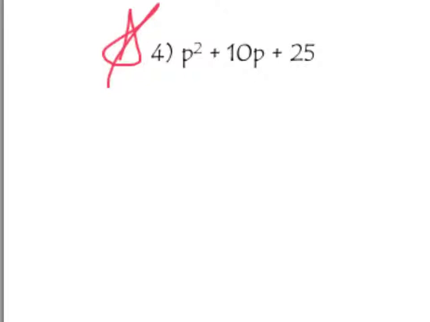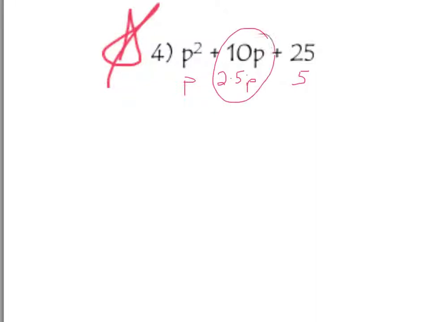Well, the root of the first term is p, so p squared is a perfect square, and the root of the third term is 5, because 5 squared equals 25. So our question is, does 2 times, and then multiply the roots, 5 times p, equal 10p?